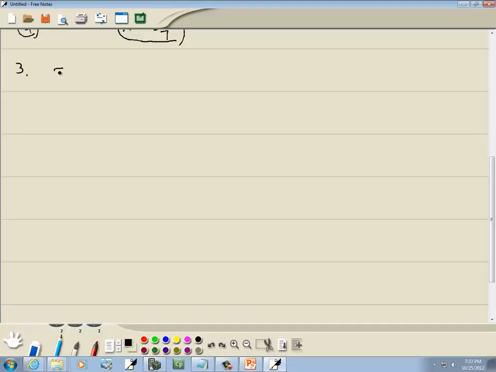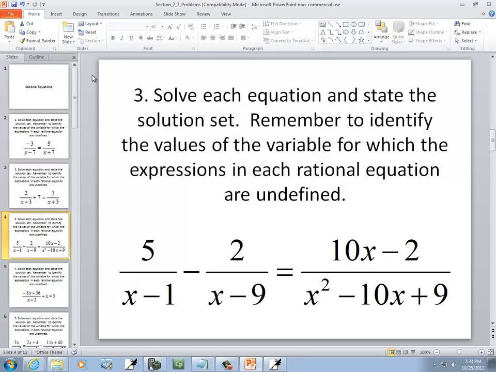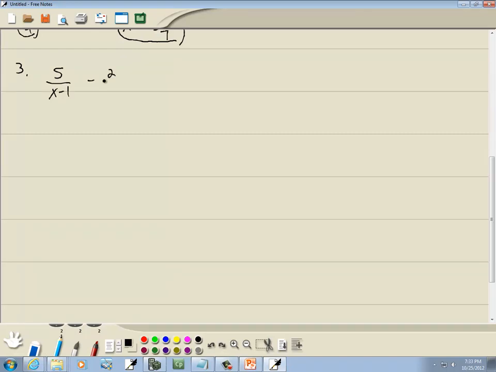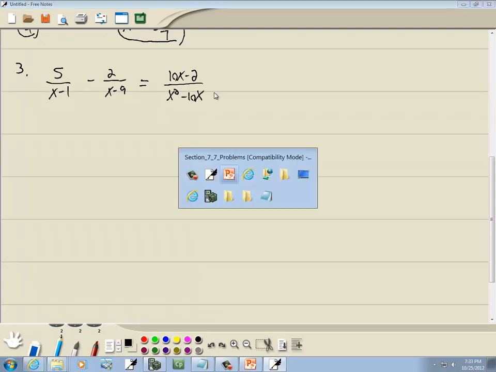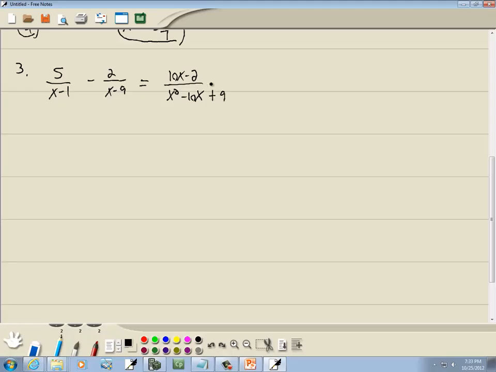Okay, we got 5 over x minus 1 minus 2 over x minus 9 equals 10x minus 2 over x squared minus 10x plus 9. Well, first step is to factor all of our denominators.